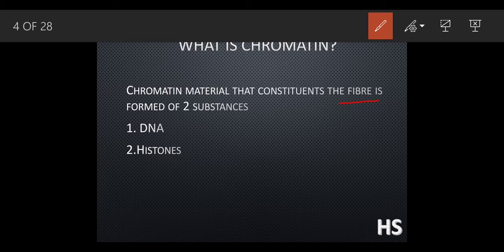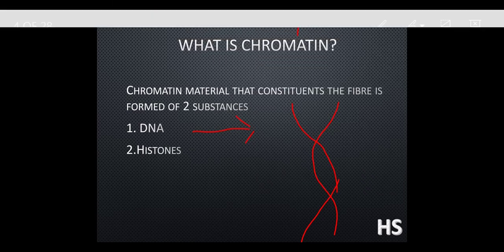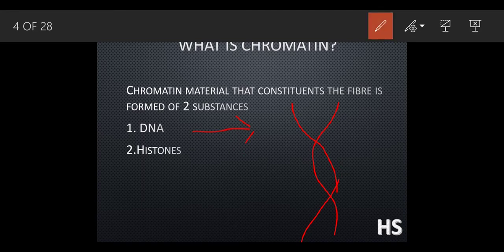First I'm going to draw for you how a DNA looks like. This is the structure of a DNA. And what are histones?